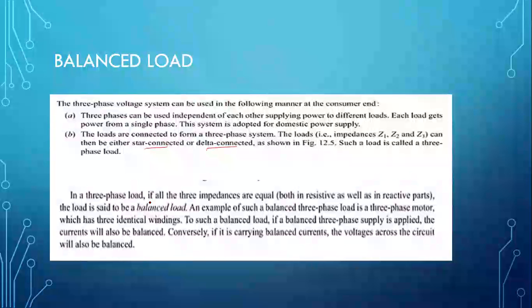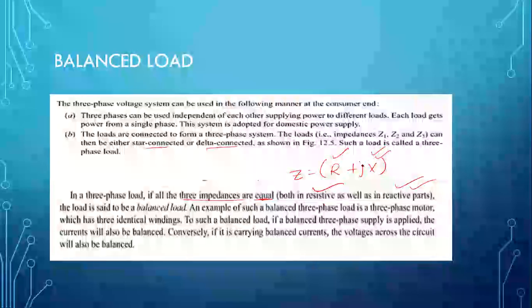So if in a three phase load all the three impedances are equal, both resistive as well as the reactive parts, that means R plus jX, suppose this is my impedance. Okay, so it is saying that both R and this inductive reactive part should be equal. So that kind of load is known as a balanced load.